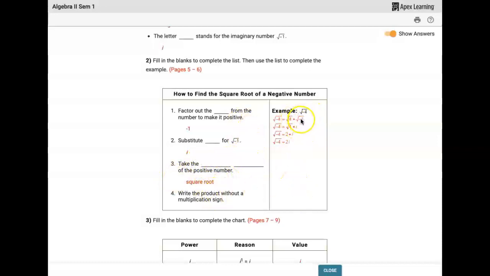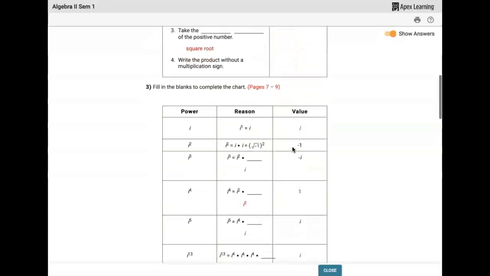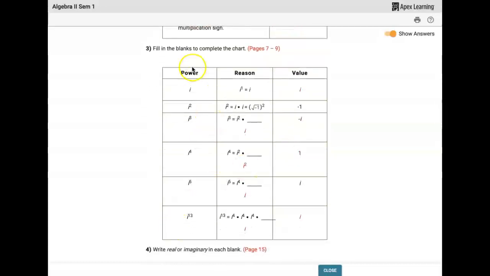So again, factor out -1, change that -1 to an i, and take the square root here. So we get 2 times i, and then write it without that multiplication symbol. Then what we found out here is there's a pattern. i stands for the square root of -1.